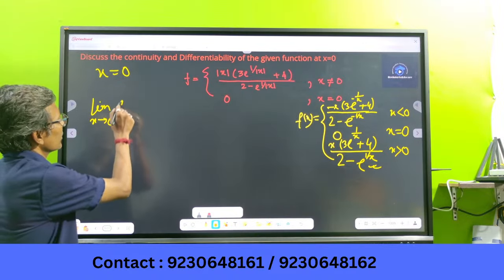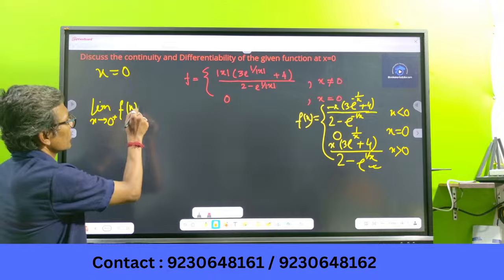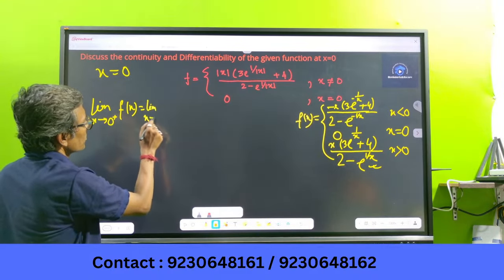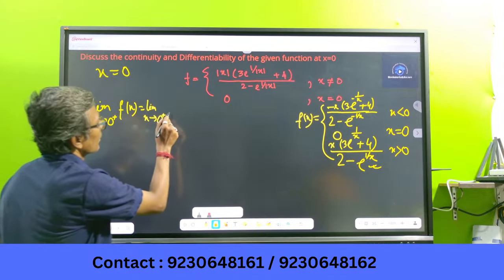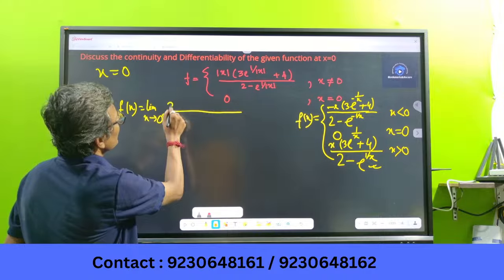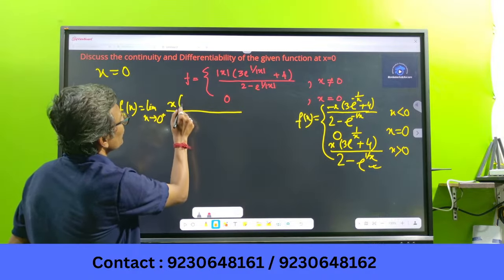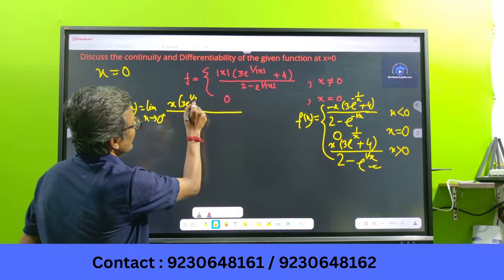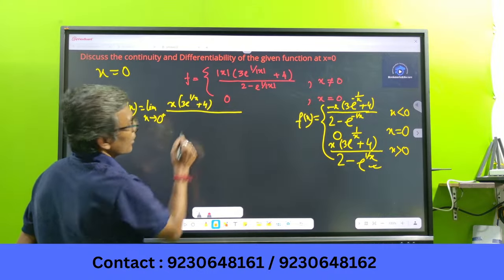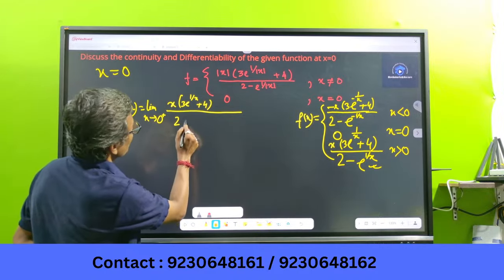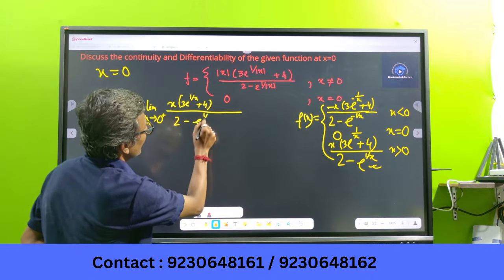So f of x is equal to limit x tends to 0 plus of x into 3 into e to the power 1 by x plus 4, by 2 into e to the power 1 by x.